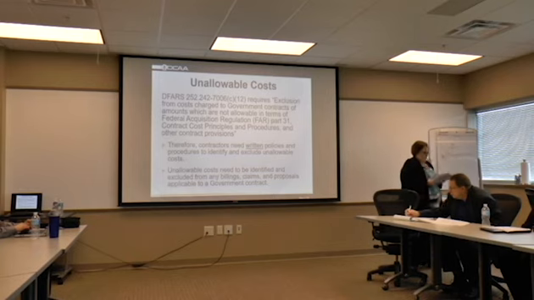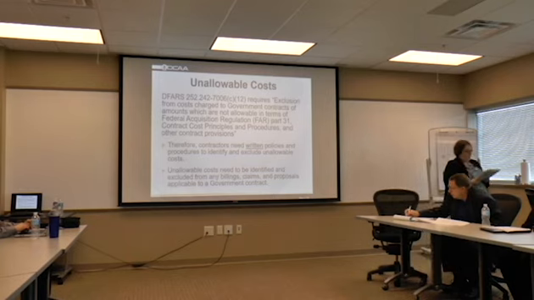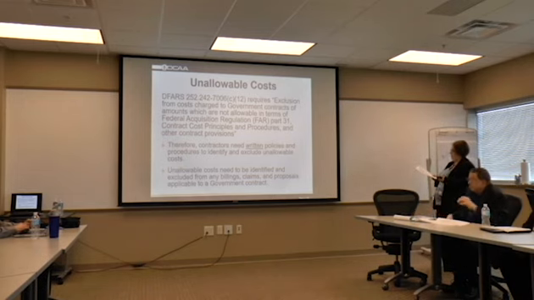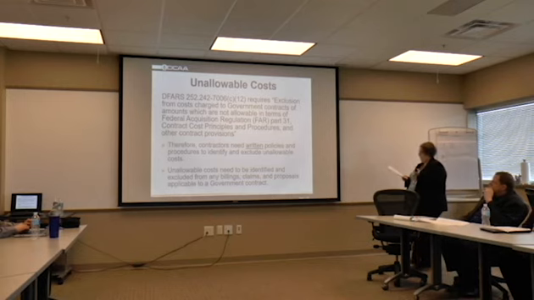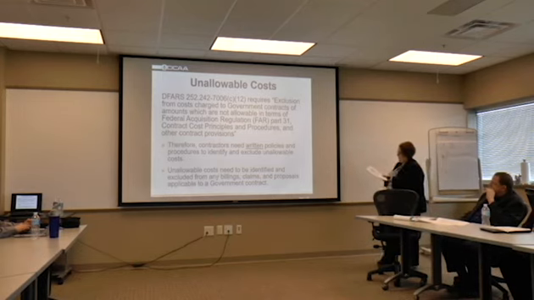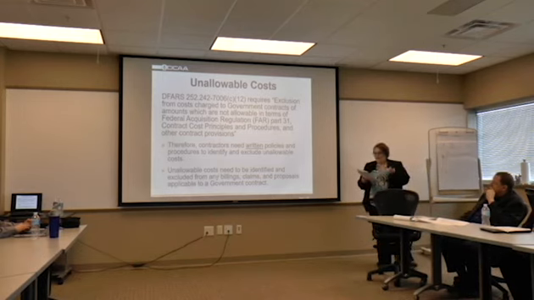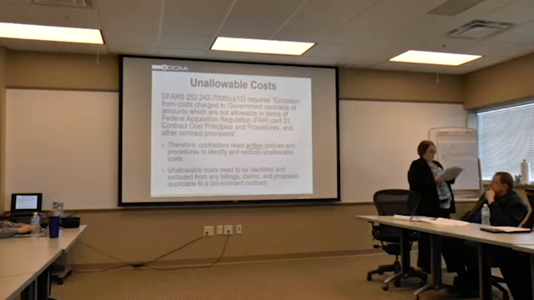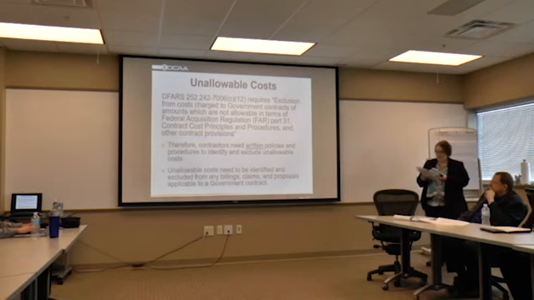Unallowable cost. So FAR 31.201-6 requires unallowable costs, including directly associated costs, to be excluded from any billing, claim, or proposal applicable to government contracts. FAR 31.205 explains allowability of specific cost elements.